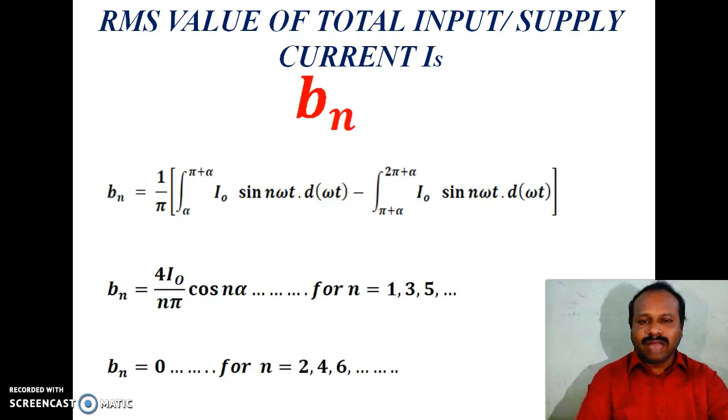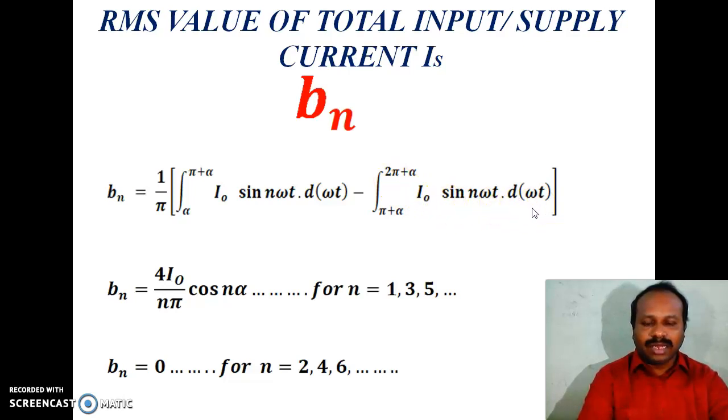Next, we calculate the value of bn. Bn is given by 1 by pi integration alpha to pi plus alpha of I0 sin n omega t d omega t minus integration pi plus alpha to 2 pi plus alpha of I0 sin n omega t d omega t.